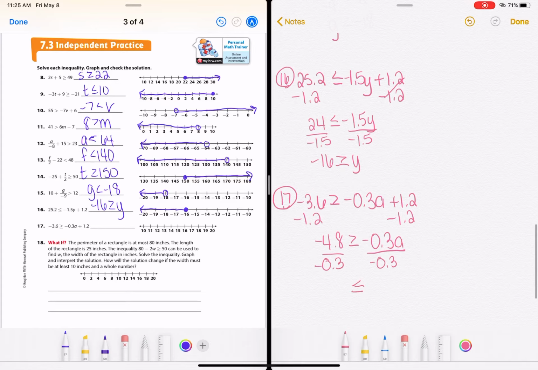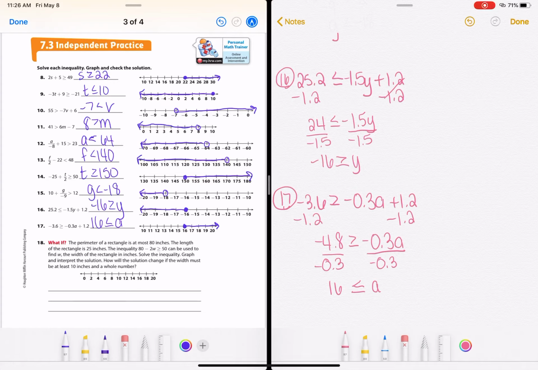Reverse the inequality symbol. So negative 4.8 divided by negative 0.3 is 16, is less than or equal to a. So closed circle at 16. A is going to be greater than 16 or equal to 16, so we are going to the right.